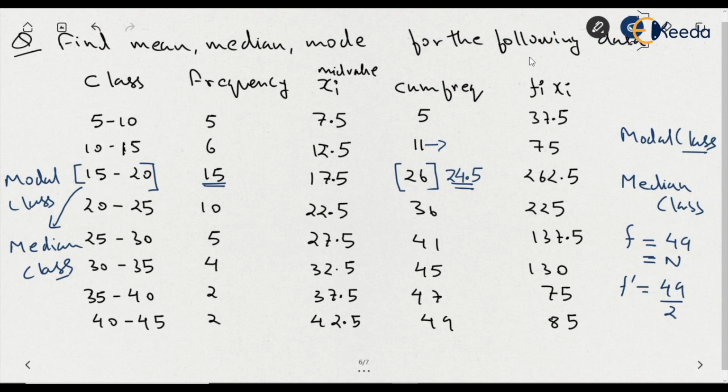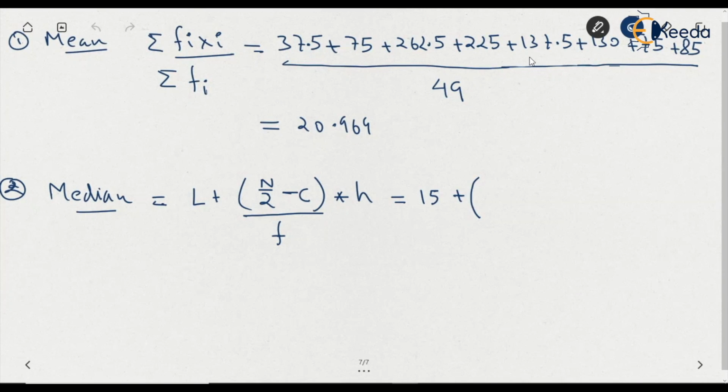So this is going to be 49 by 2 minus C, where C is the cumulative frequency up to the preceding class.